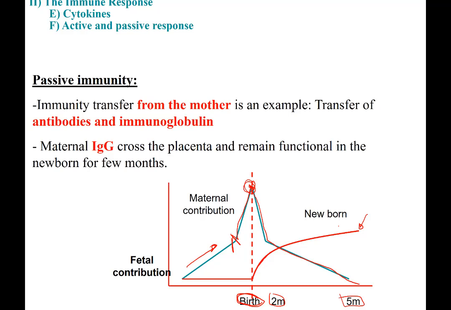Before birth, and especially the last 3 weeks to a month of the pregnancy, the mother's contribution is very important. And actually, these are the best immunoglobulins for the baby, because they are coming from the mother, and it's very likely that the baby is going to live in the same environment as the mother, in the same country, in the same city or countryside, and be exposed to the same bacteria and the same viruses that the mother has been exposed to.